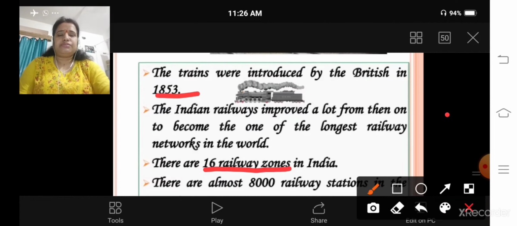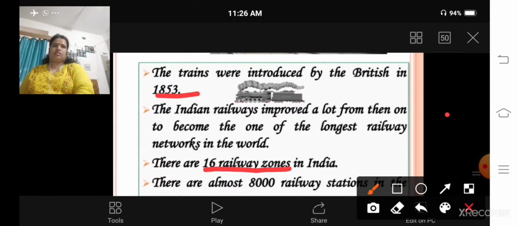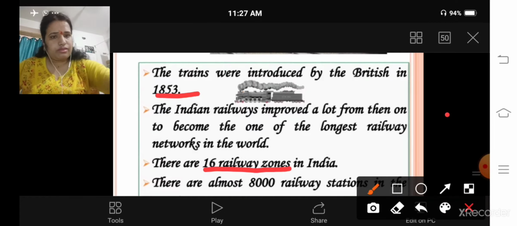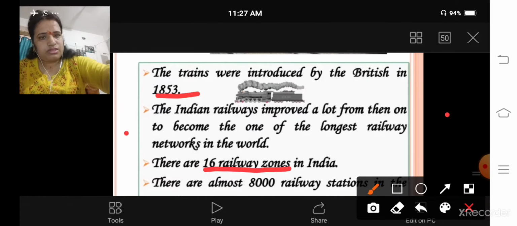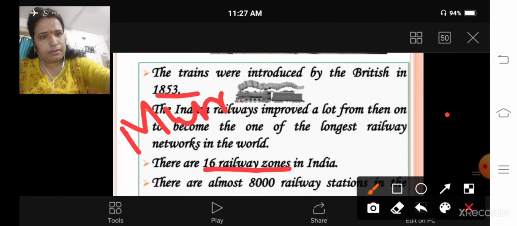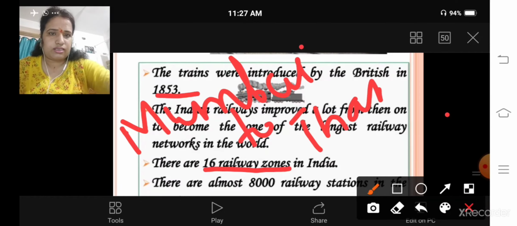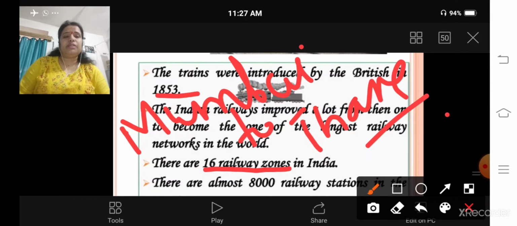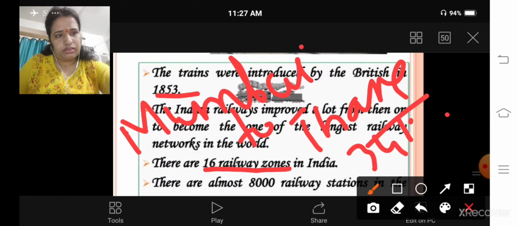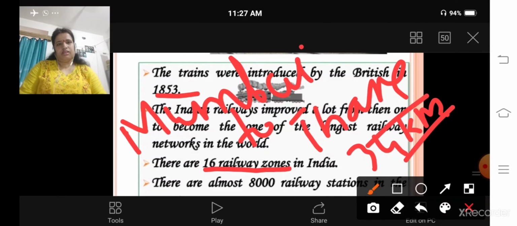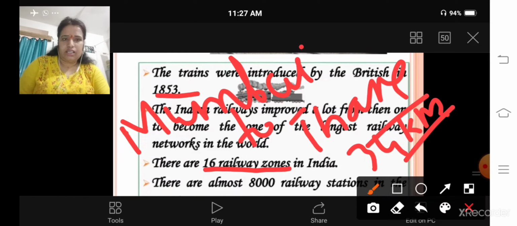The first train ran in 1853 from Mumbai to Thane. It was the first train, for only 34 kilometers, Mumbai to Thane, in the year 1853, introduced by the British, and there are a total of 16 railway zones in India.